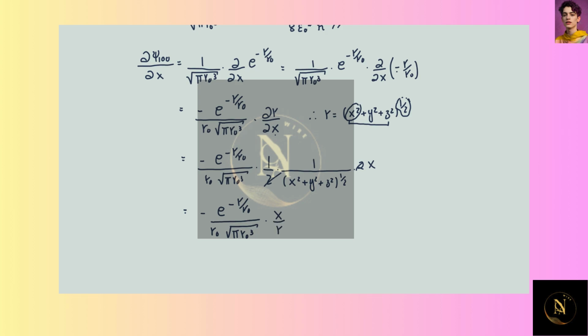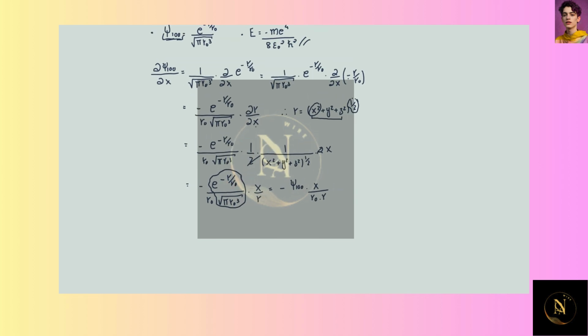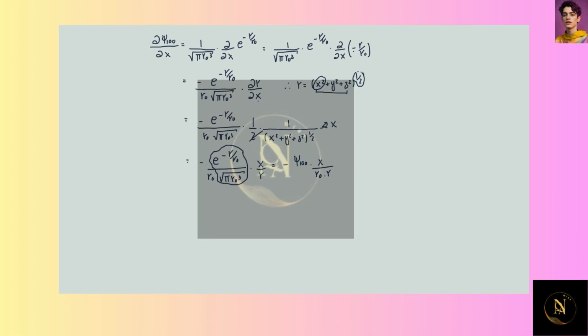Now note that this factor here is just psi100, so this is equal to minus psi100 times x divided by r0 times r. Now we have to differentiate again. Taking the second derivative with respect to x, we get the following.